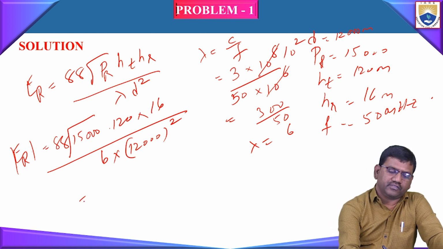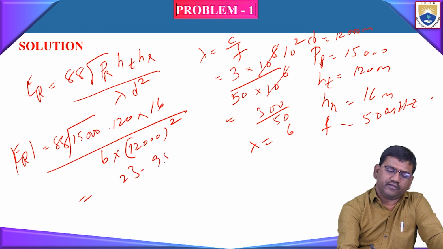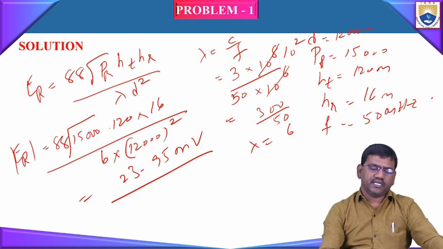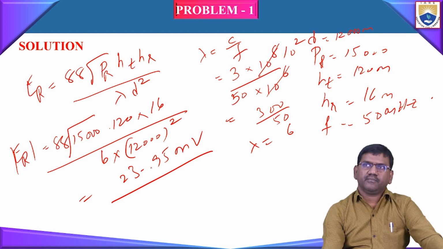If you simplify this value of ER, you will get 23.95 millivolts. So the amount of field strength reached at the receiving antenna is 23.95 millivolts.